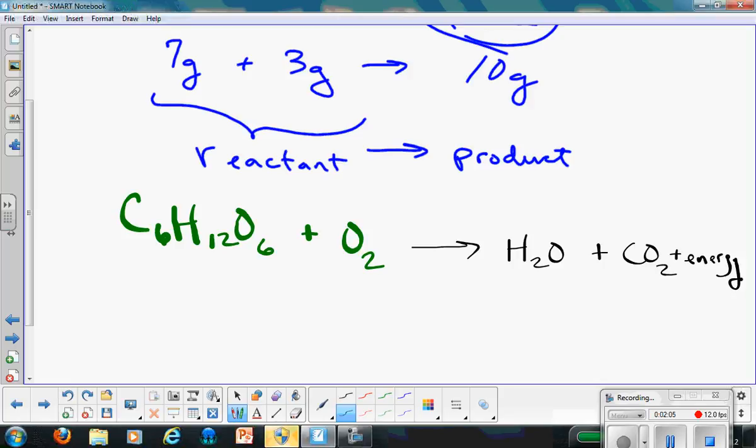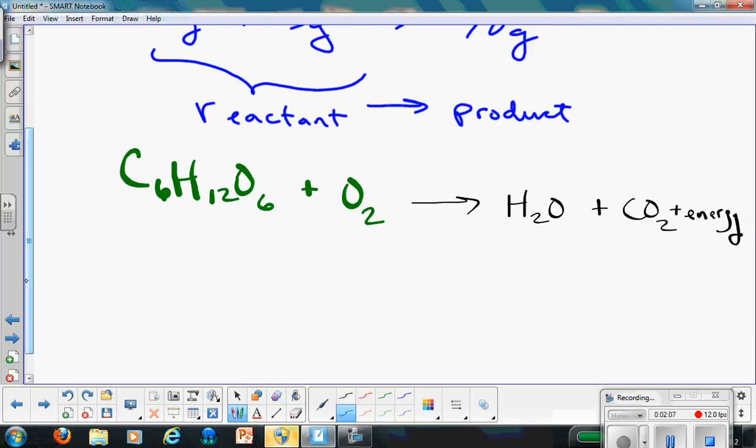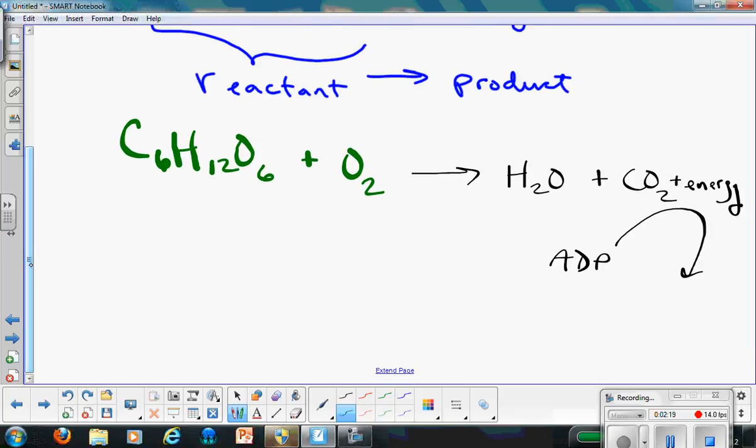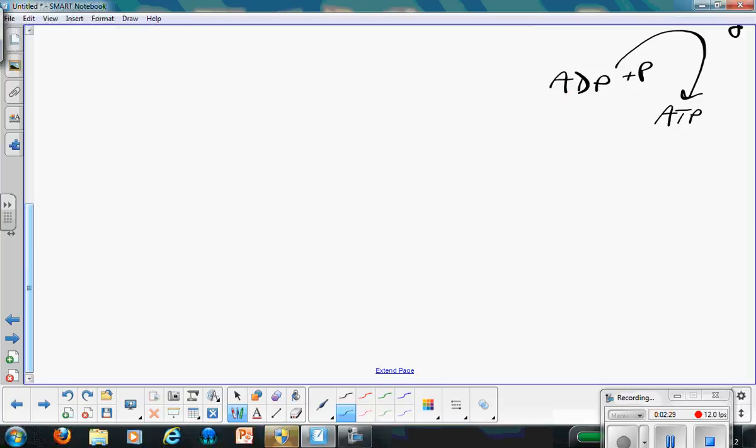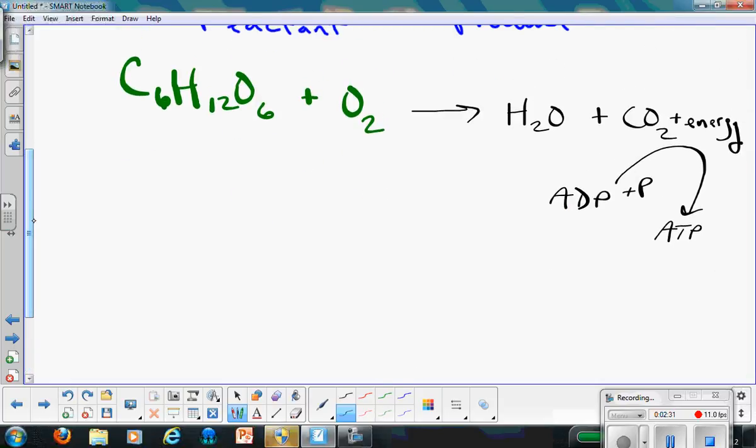And that energy is used to take a substance called ADP, adenosine diphosphate, and add another phosphate to it to form a substance called ATP, which is adenosine triphosphate, and that is chemical energy in your body that your body can use. So you've seen this.